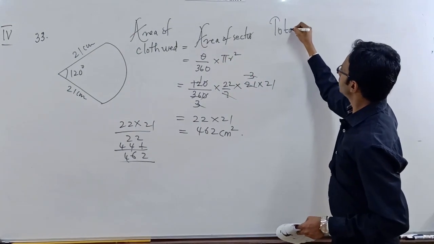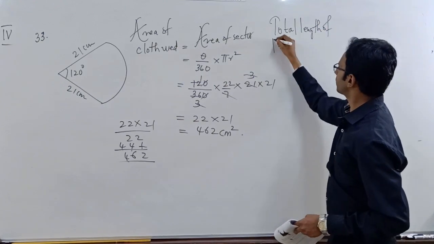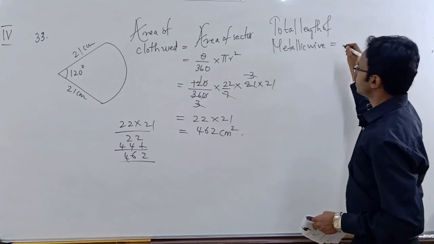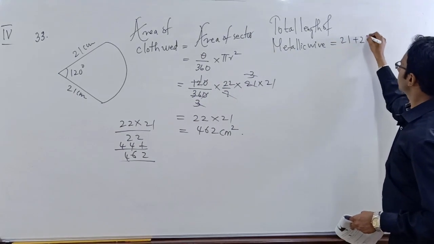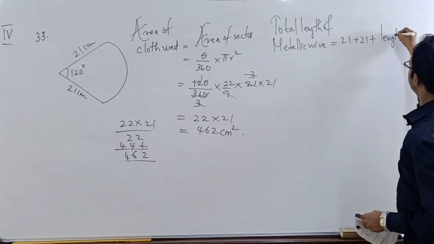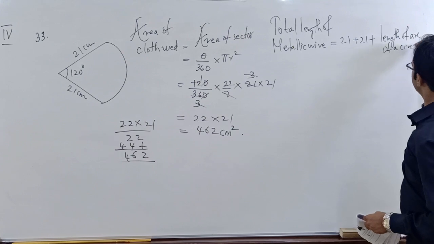First of all, they are asking total length of metallic wire. It is equal to 21 plus 21 plus the length of the arc.